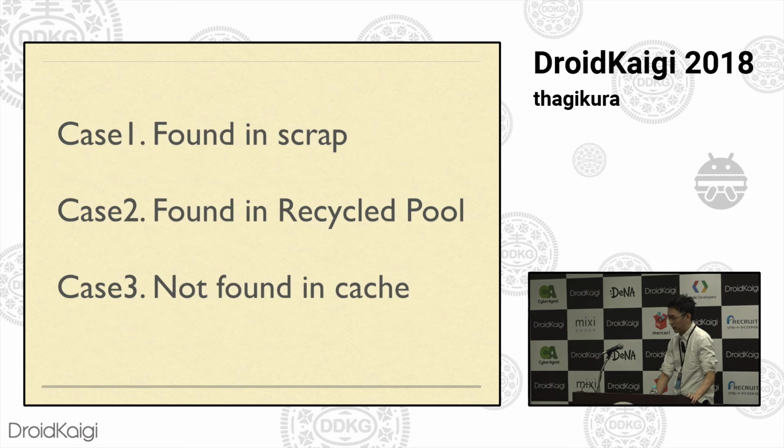Then there are 3 cases depending on whether the view is found in the cache. Or to be exact, there are more cases, but to simplify, let me use these 3 cases to easily understand it.